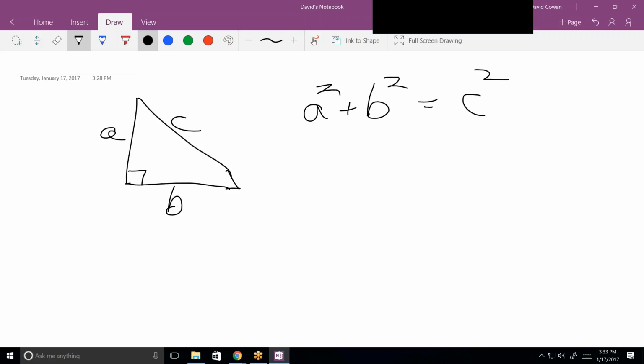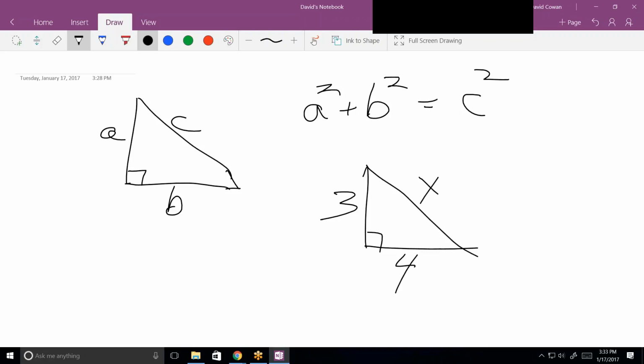Okay? So that's huge. In other words, if I tell you that I have a triangle that's 3 there and 4 there, what's x? Well, x is the hypotenuse, so it'd be 9 plus 16 equals 25.